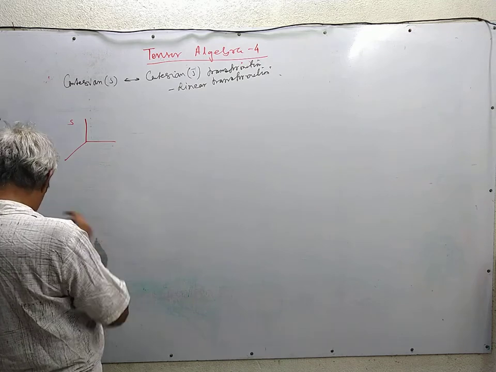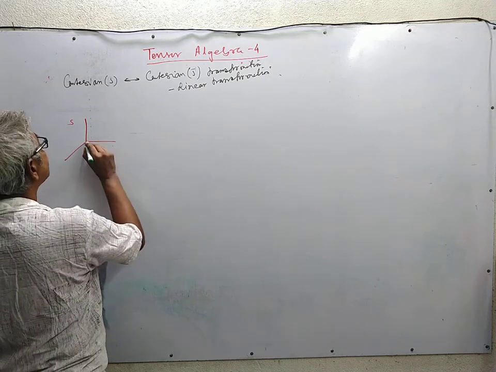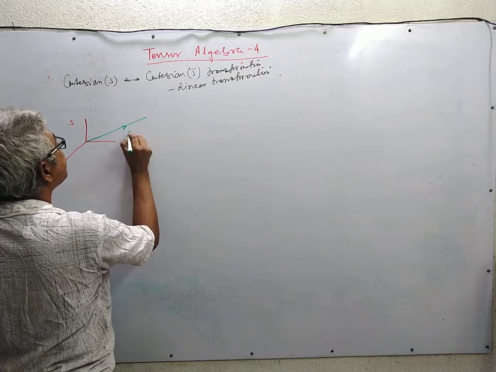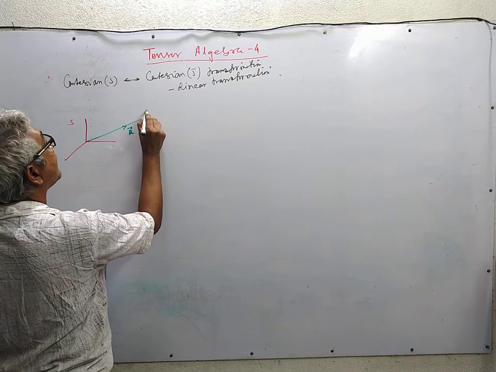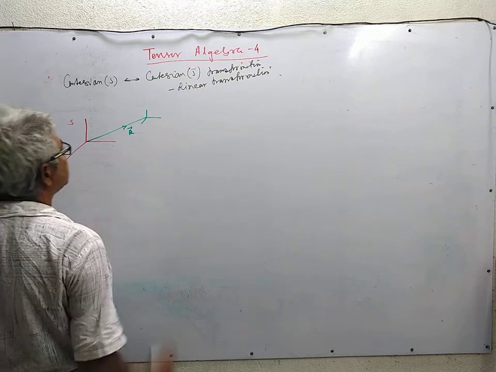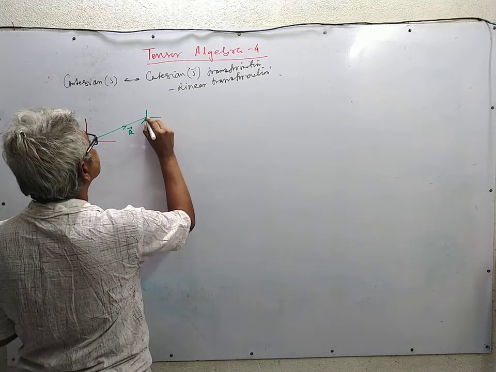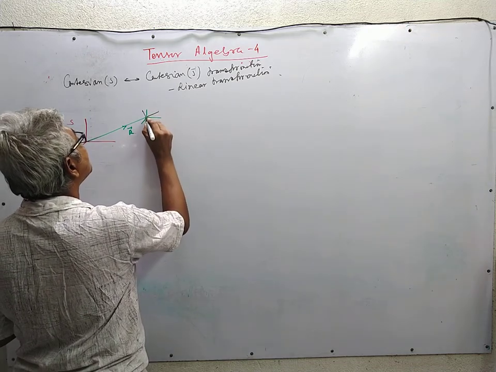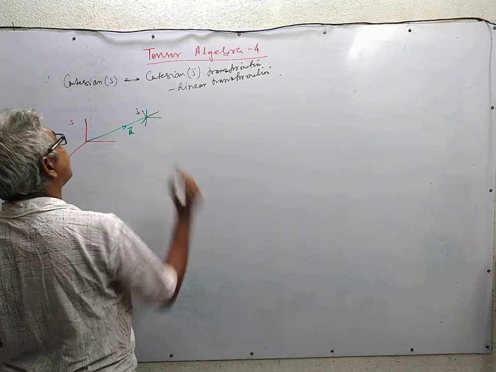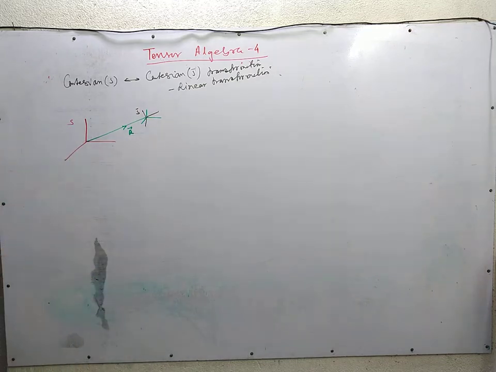The most general one that can happen is a translation by R. Then we land up with this intermediate coordinate system, and then finally we rotate this to achieve the S prime frame. So the most general transformation that connects two Cartesian systems is a translation followed by a rotation, or vice versa.